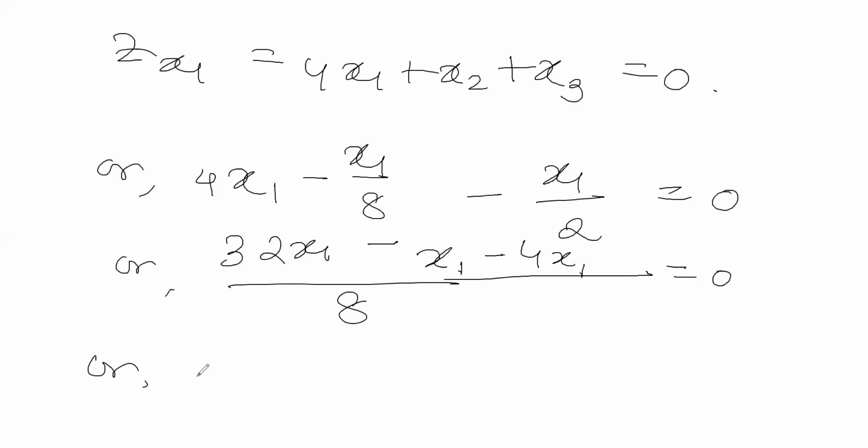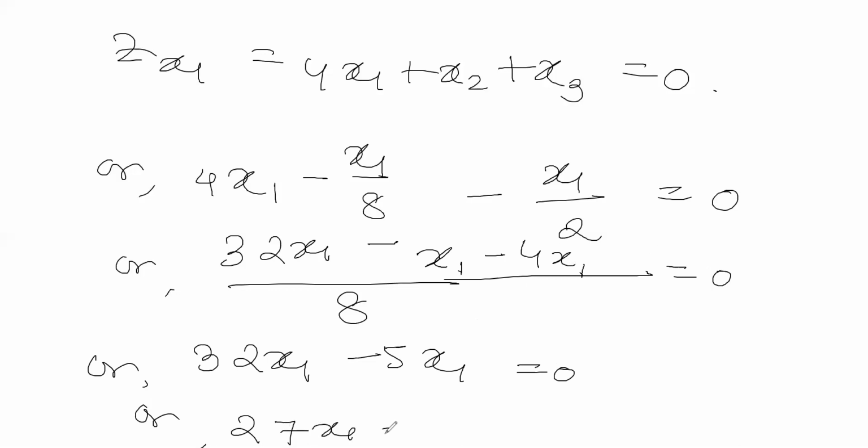So if I cross multiply, 8 into 0 becomes 0. I'm simply left with 32x1 minus a negative 5x1, which is equal to 0. Or in other words, it is basically 27x1 is equal to 0. So in that case, x1 is equal to 0 by 27, which is equal to 0. So the critical value for x1 is 0.